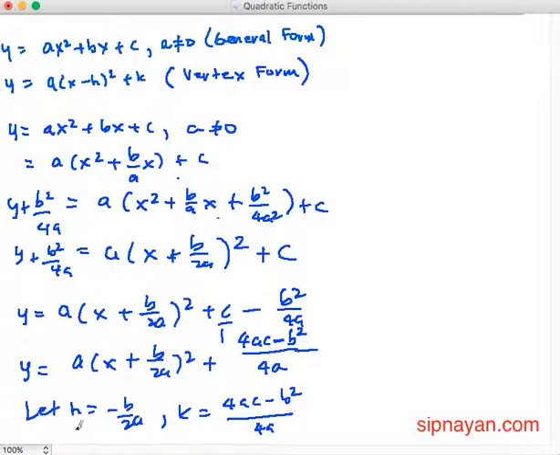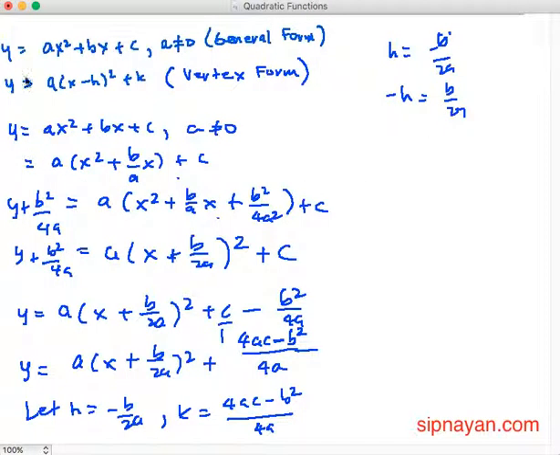I-represent natin siya ng h. So, kung gusto natin i-represent to ng h, dapat para siya maging b over 2a, you multiply both sides by negative 1. Diba? So, maging negative h, b over 2a. Okay na? Kung b over 2a siya, equivalent siya ng minus h.